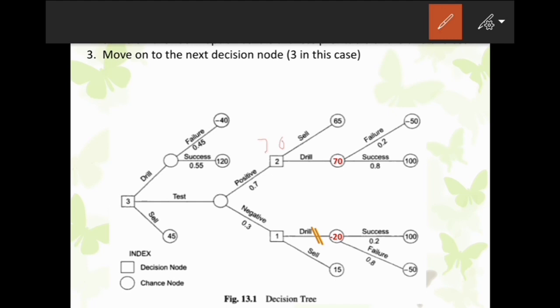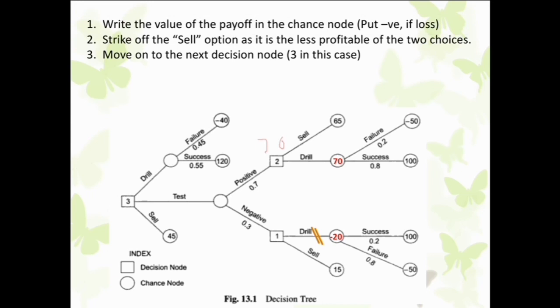I'm sorry for the poor writing, but I hope you understand. We have to write the value which we select in the decision node, 70 million. Fine. And we have to strike off the rejected course of action, which is selling in this case.